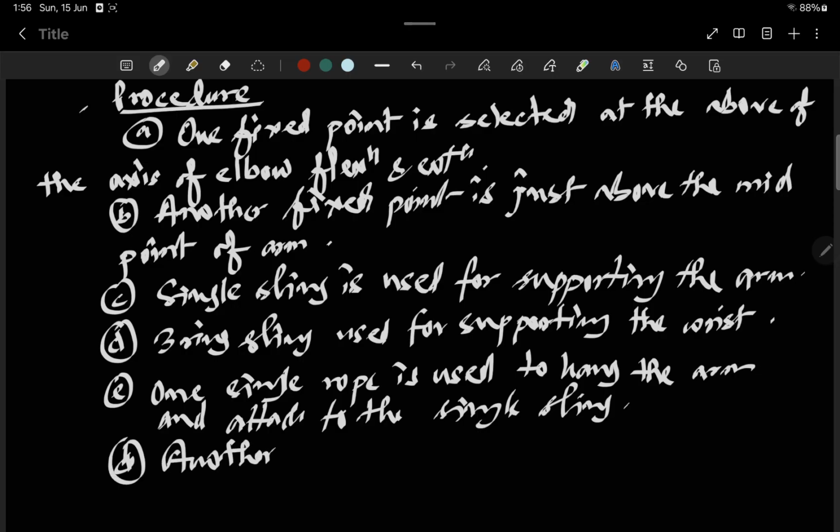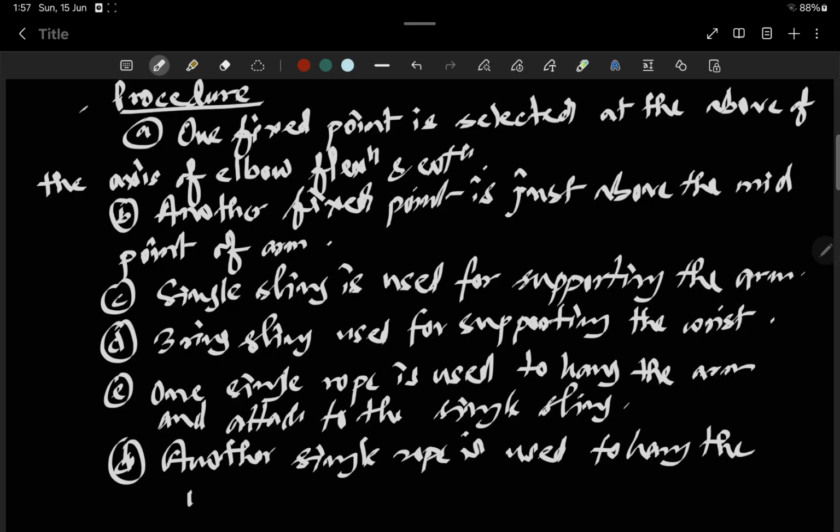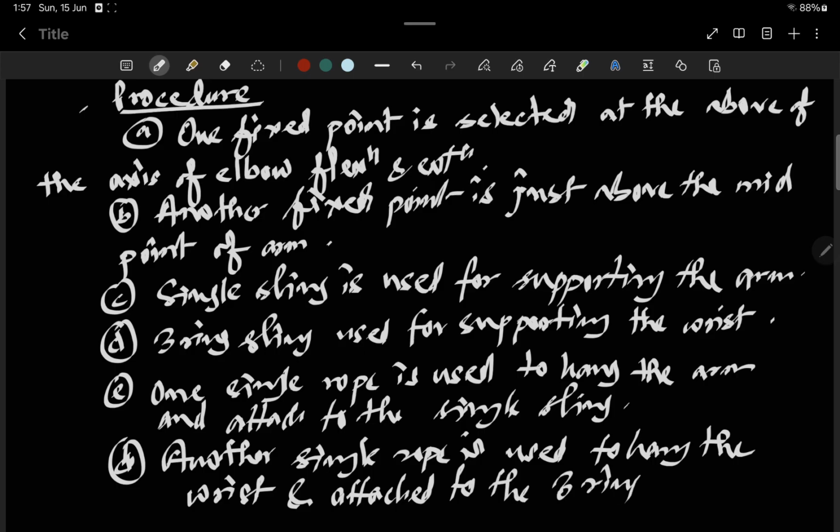Another single rope is used to hang the wrist and attach to the three ring sling.